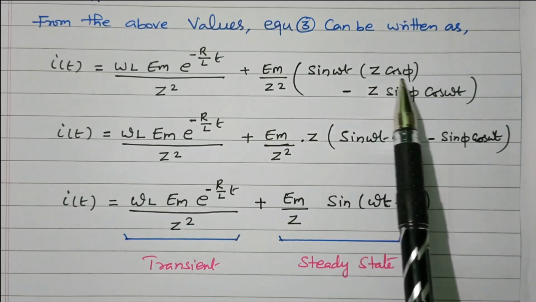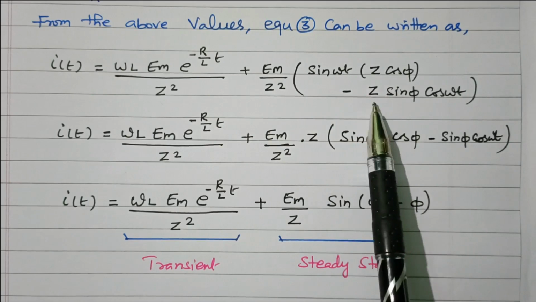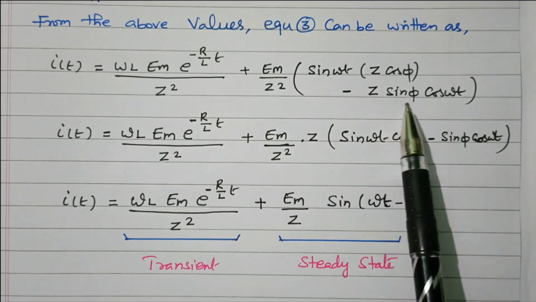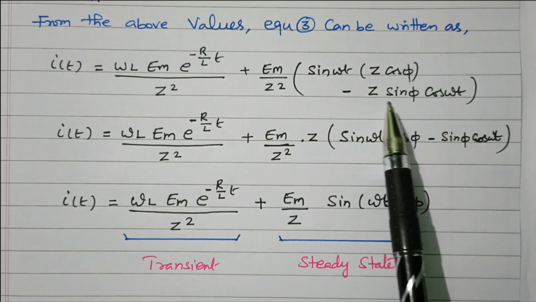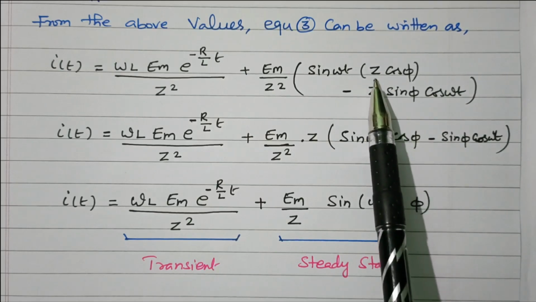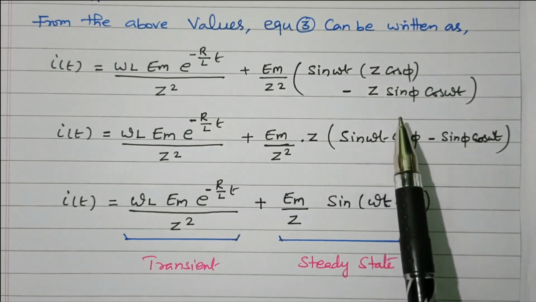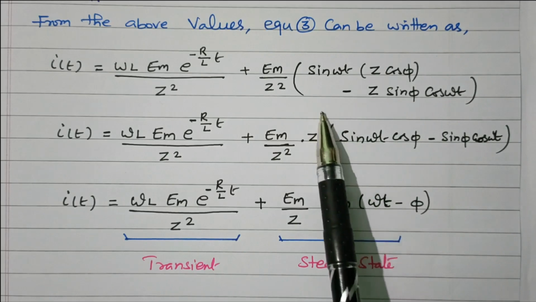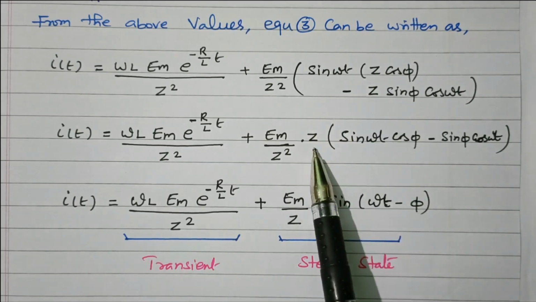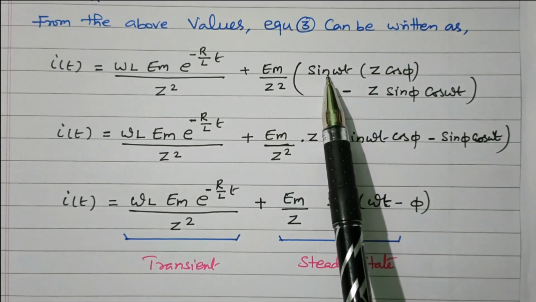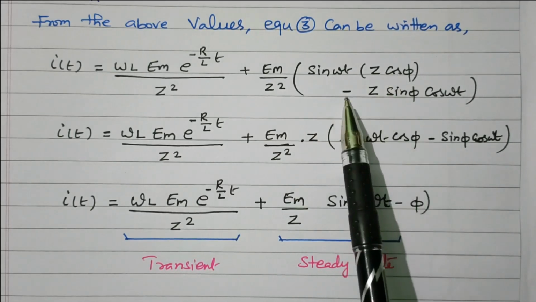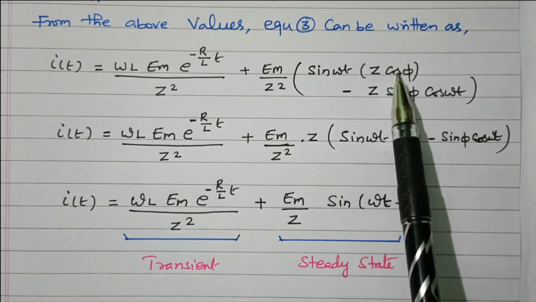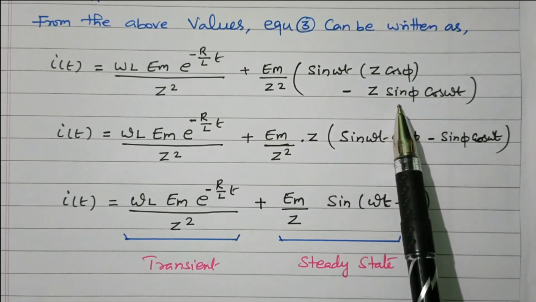R is now replaced by z cos phi, minus z sin phi into cos omega t, where omega l is replaced by z sin phi. Now z is commonly available, so you can take it outside. This is nothing but sin a cos b minus cos a sin b.